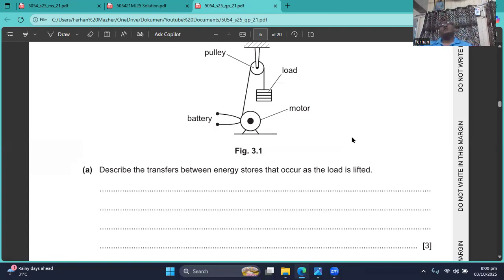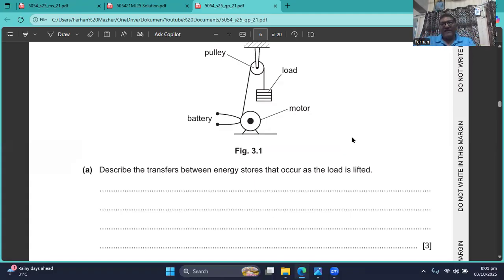So it means the chemical potential energy is converted into electric energy, the electric energy is converted into mechanical energy, and some of the energy is wasted in the form of thermal energy because some heat is produced. Then what will happen?